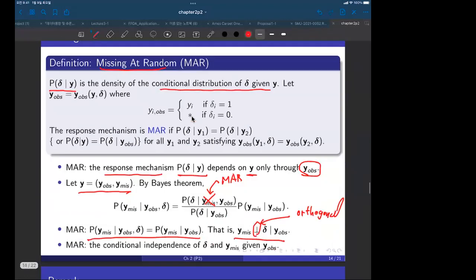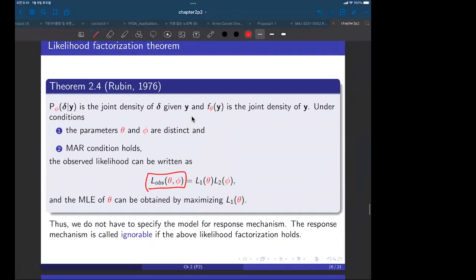But at the end of the day, Rubin usually says it can be partitioned this way. Why is this useful? Because if this holds, then if you take the log of the observed likelihood of theta and phi, you get log L1 of theta plus log L2 of phi, right?